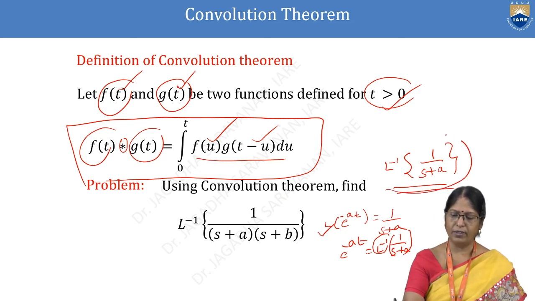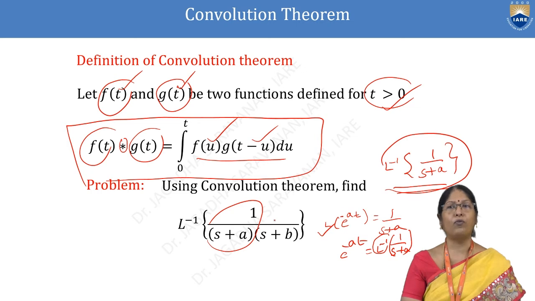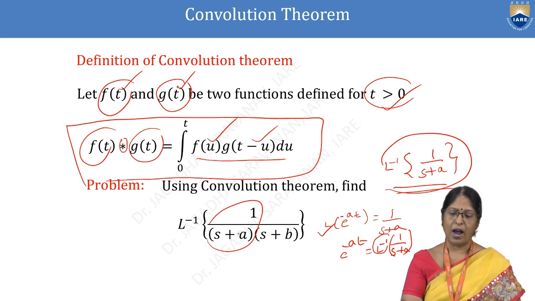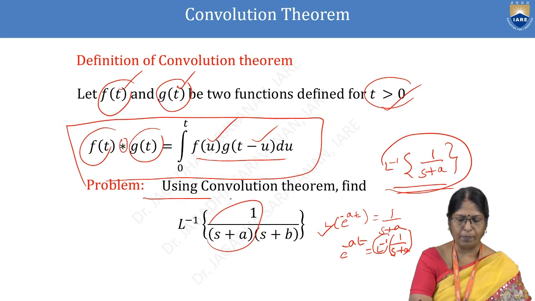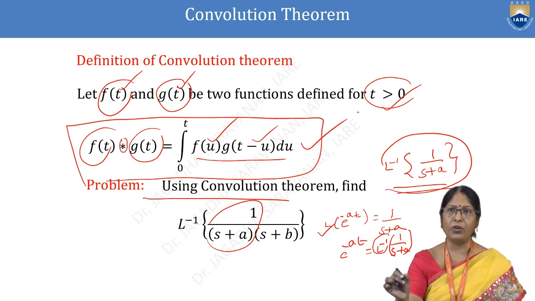If it is a single term, the question is very easy. But here one more function is combined: 1 by s plus a, and another one, 1 by s plus b. Strictly, this problem is to be solved using the convolution theorem, which means this formula must be used.